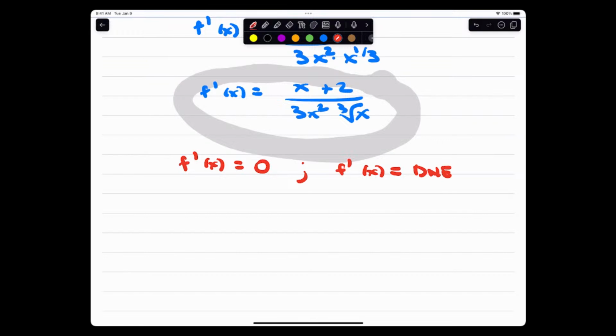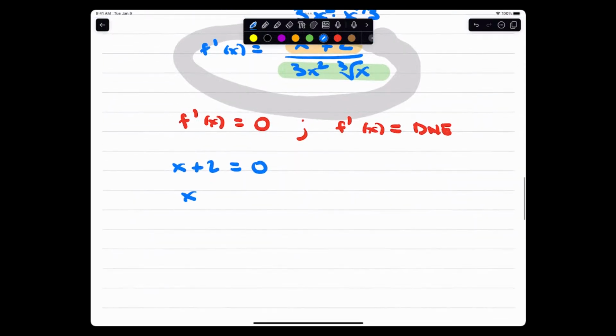You have that situation where you have a numerator and a denominator, right? Here's the numerator, and here's the denominator. So the derivative equals 0 only when x plus 2 equals 0, which means x is negative 2.